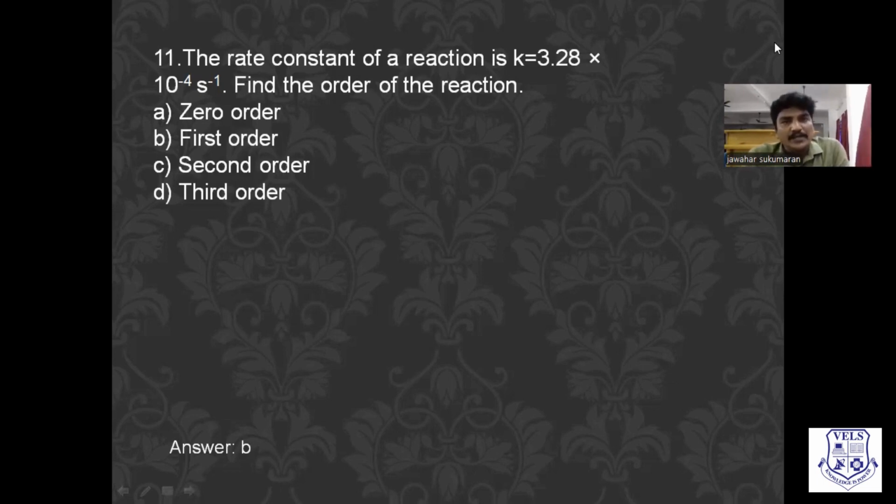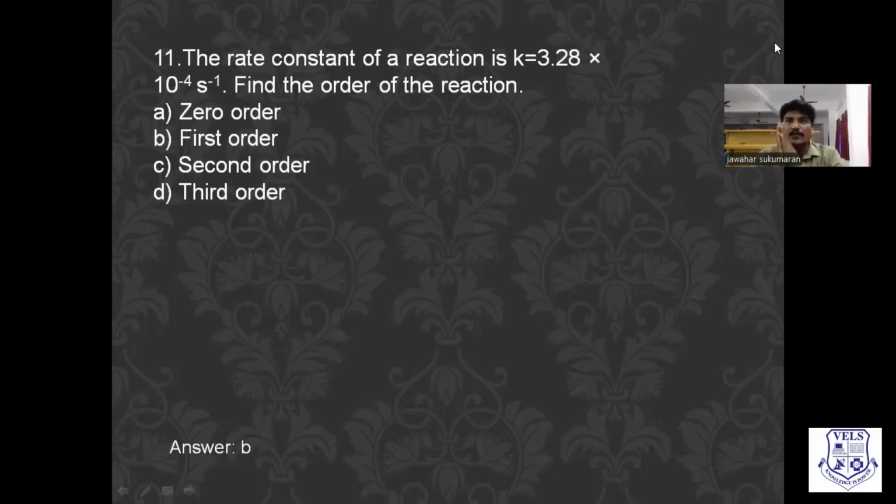The next question: the rate constant of a reaction is K equal to 3.28 into 10 power minus 4 S minus 1. Find the order of the reaction. A, zero order, B, first order, C, second order, D, third order. B is the correct answer.